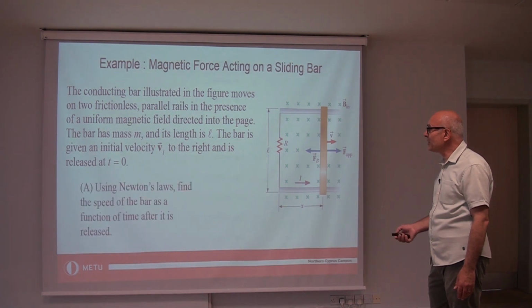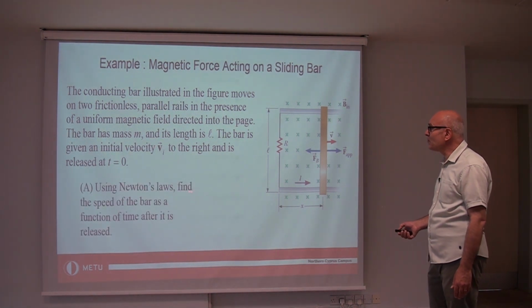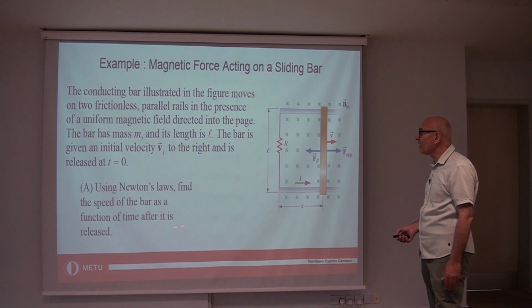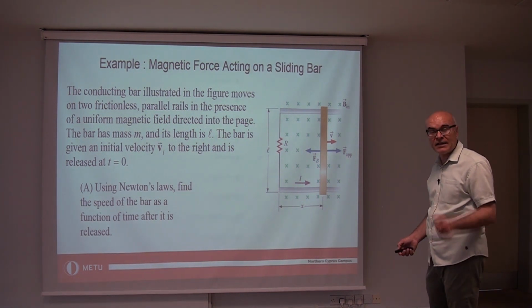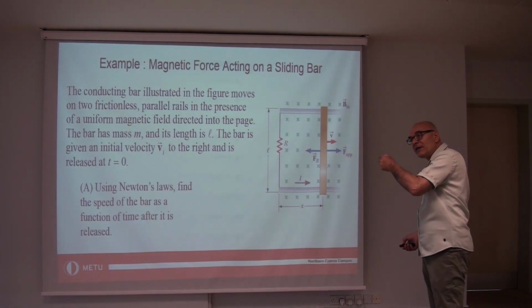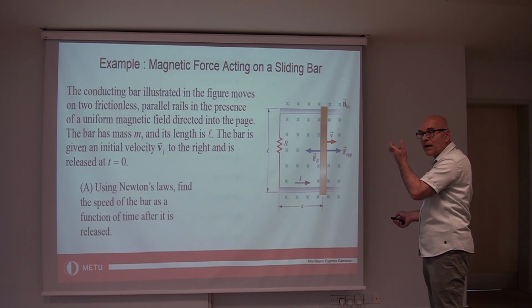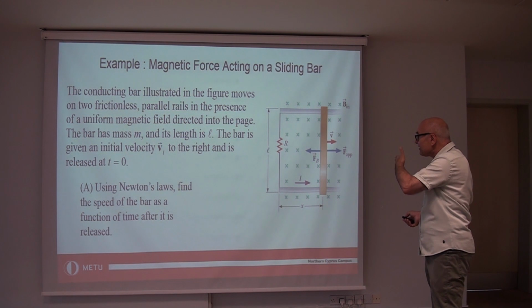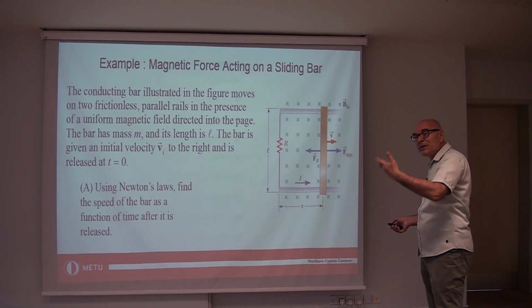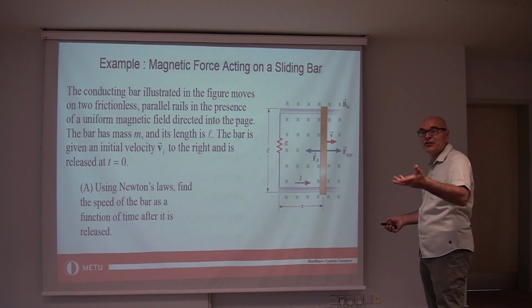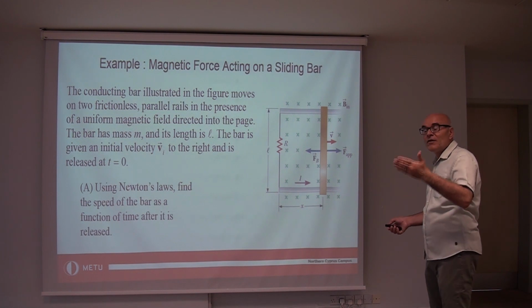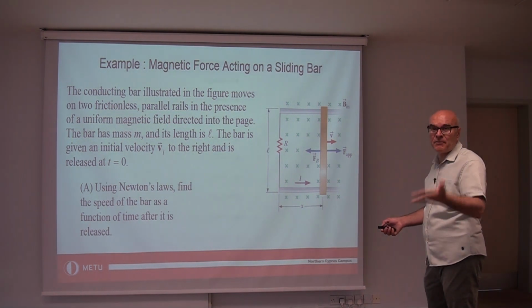So the question is, using Newton's law, find the speed of the bar as a function of time as it's released. That is, when it has this velocity v and only FB is acting, and you remove F applied, it will start slowing down, meaning that its velocity will change with time. So find how this happens.